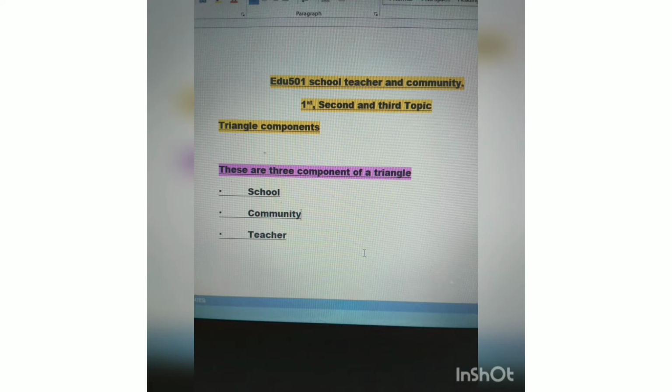Children come from a home which is a part of a community with deeply rooted norms of culture and behavior. It also has its own identity. A child comes from a home which is a part of the community, and school also has its own identity.